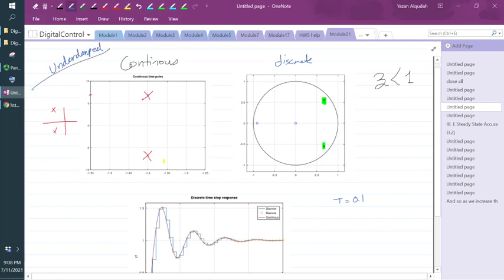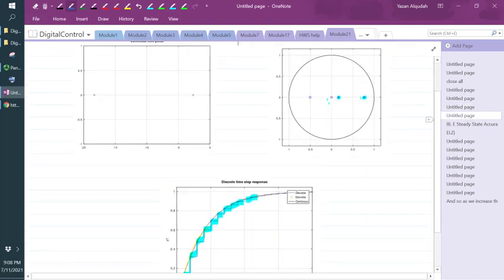So in this case, an underdamped response, and how this underdamped response will result in poles that are complex, that are within the unit circle, and the response of this is going to be underdamped.